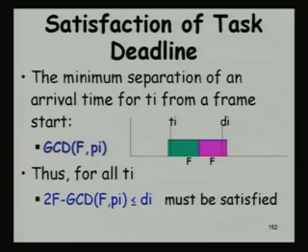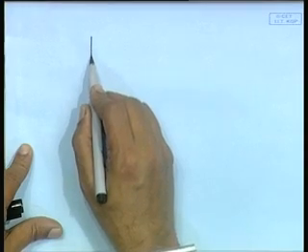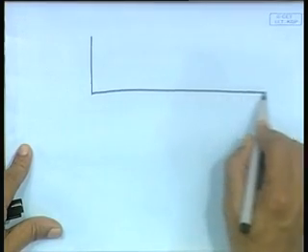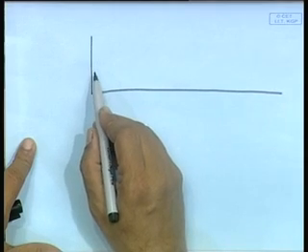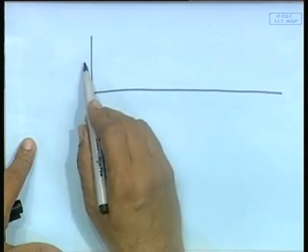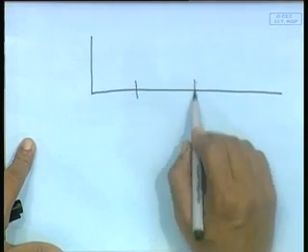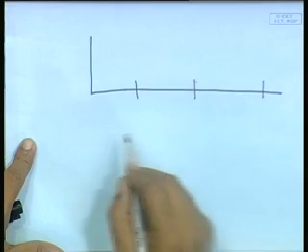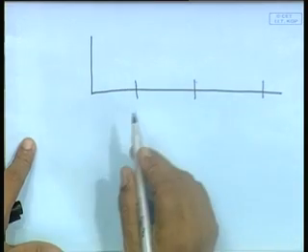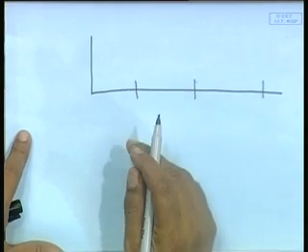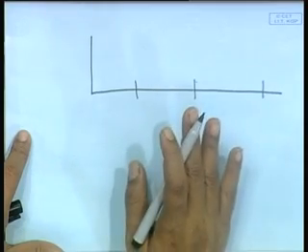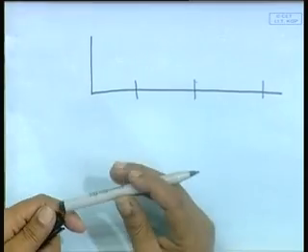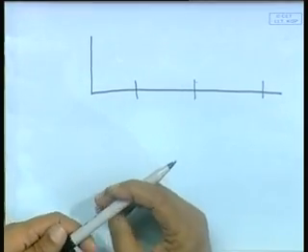Let us say we have this repetition of the frames and then the task, and let us assume that the constraint is violated. We will prove by negation of the assumption, by contradiction.